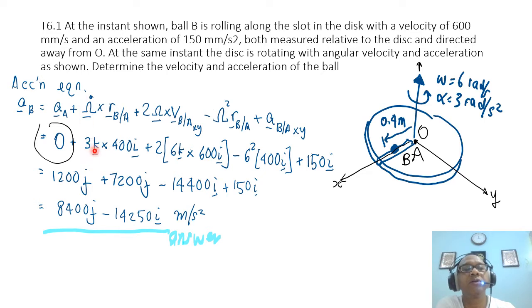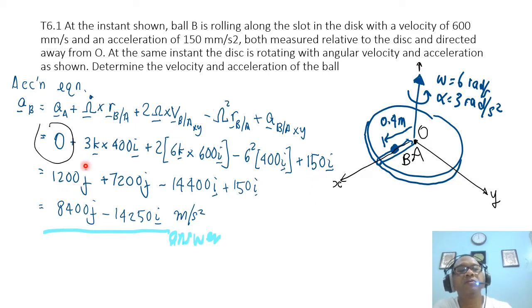And omega dot is 3k radian per second squared times 400 i. This is position vector B relative to A, plus 2 omega, 6k cross 600 i. That's the relative velocity, minus omega squared, 6 squared, times 400 i, which is the position vector. And finally the relative acceleration is 150 i.